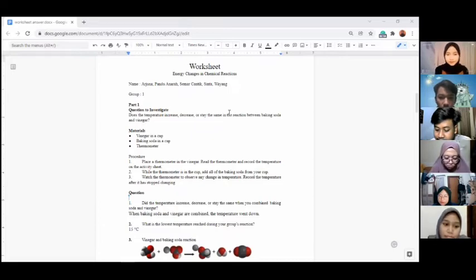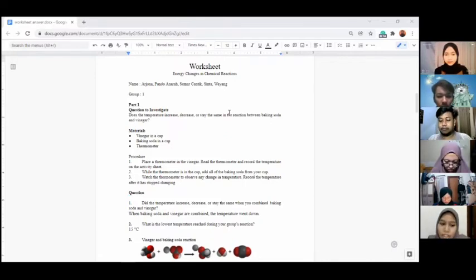For the second step, while the thermometer is in the cup, add all of the baking soda from our cup. The third is to watch the thermometer to observe any change in temperature and record it.